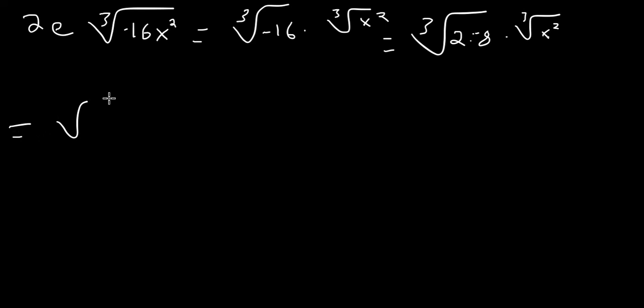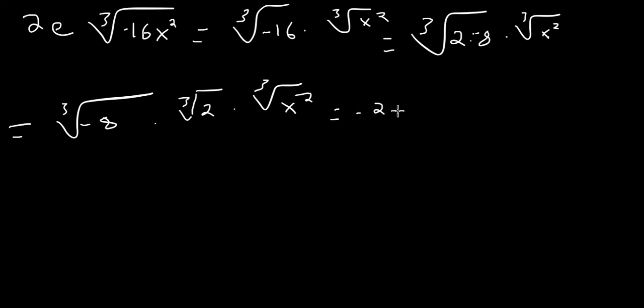We're going to separate it further to have the cube root of negative 8 times the cube root of 2 times the cube root of x squared. Now 8 is 2 cubed, so this is going to be negative 2 times the cube root of 2x squared, because neither of those go any further.